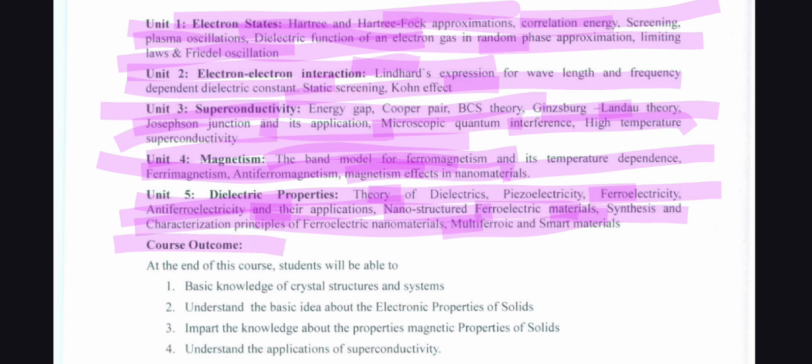So course outcome: at the end of this course, a student will have basic knowledge of crystal structure and system, and understand the basic idea about the electronic properties.